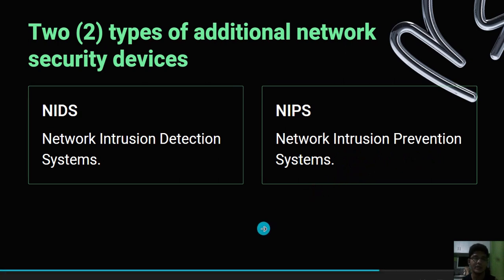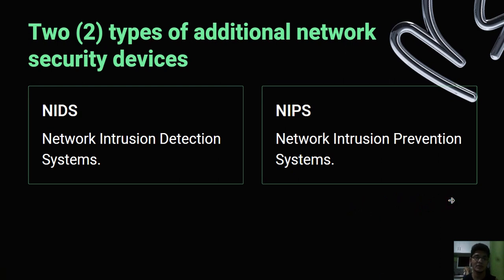Both devices monitor network traffic for potential malicious activity, but they respond differently. A NIDS device will log an event and/or alert an administrator, but it won't do anything to interfere with the traffic. A NIPS device will be more aggressive, automatically taking action to contain a potential threat.